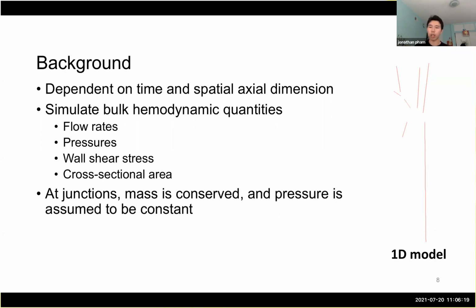For each of these quantities, we simulate their spatial distribution along the axial dimension of each vessel branch. Last, it's important to note that at the junctions between different vessel branches, we assume that pressure is constant and that mass is conserved, which simply means that the inflow going into the junction is equal to the outflow.